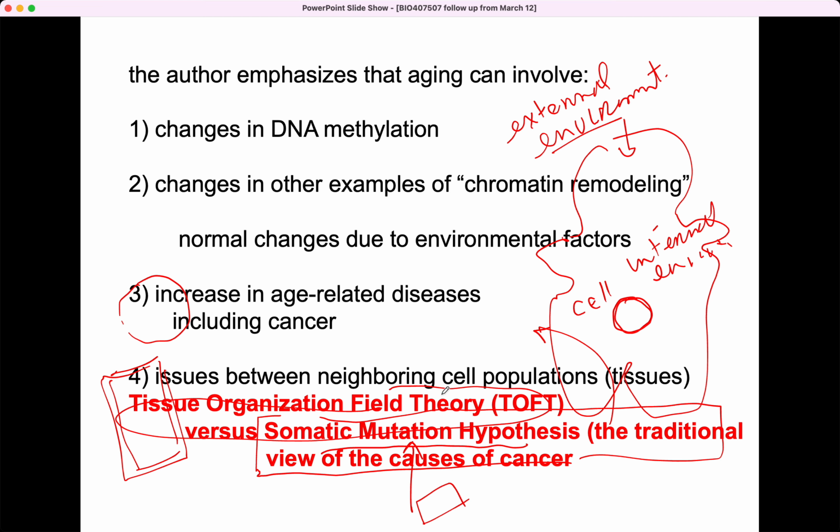And so the author wants to start introducing that mindset in this chapter and uses this tissue organization field theory. And what that's emphasizing is that this cell could be cancerous because of what's happening in the cell, mutations, and also the surrounding cells can contribute. And so that's an example of what the author wants to talk about with regard to this course, Eco-Devo.